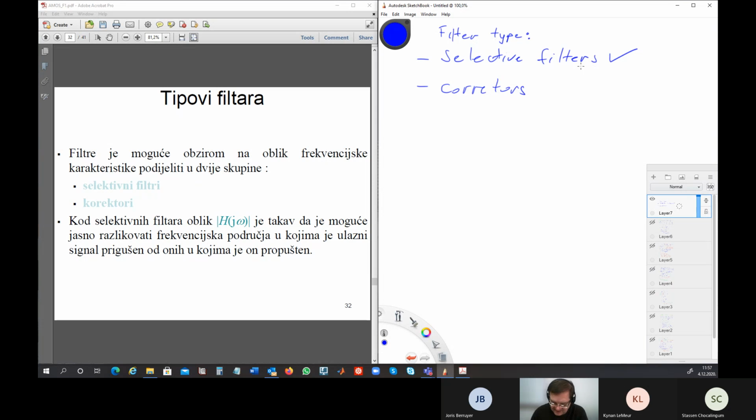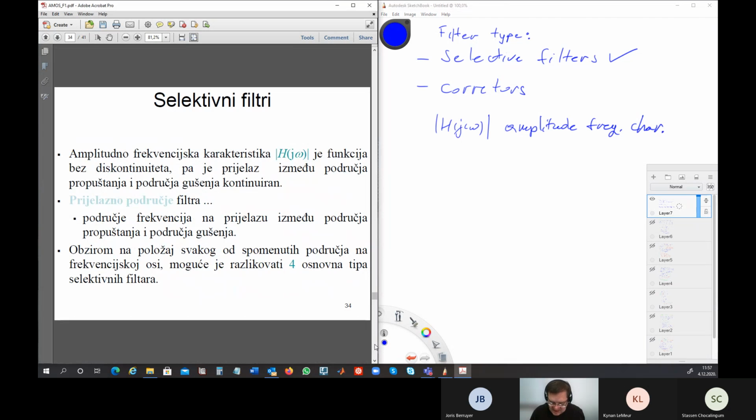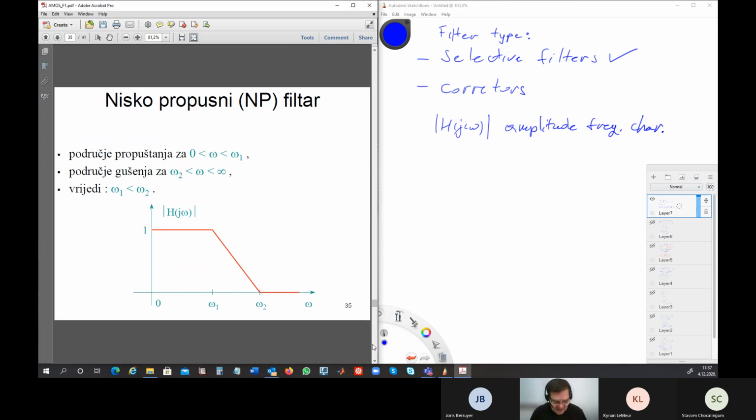By selective filters, the absolute H of s, which is our amplitude frequency characteristic, makes a difference between stop band and pass band. On the following figures, we'll see how it looks. There is also the transient band. Here is the stop band. Here is the pass band.